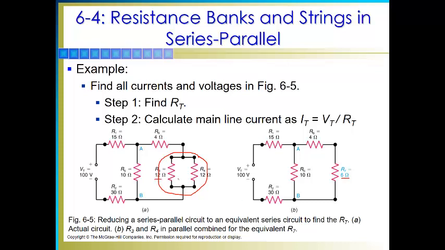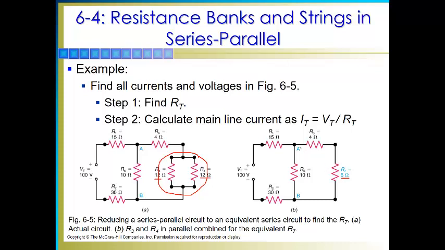Notice that this is 12 ohms and this is 12 ohms right here. When we get the equivalent resistor, remember the equivalent resistor for this bank must be less than the smallest one of the resistors in parallel. In this case, they're both 12, so we have to come up with something that is less than 12. In our case, it is 6.